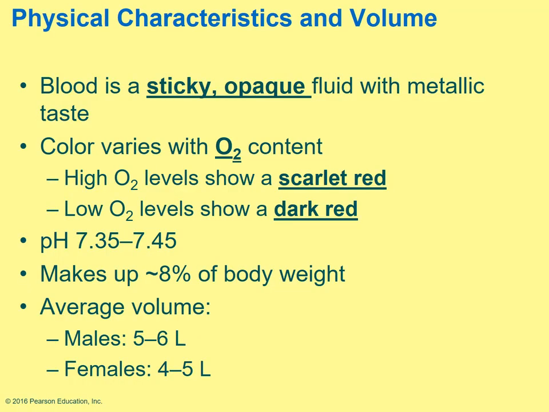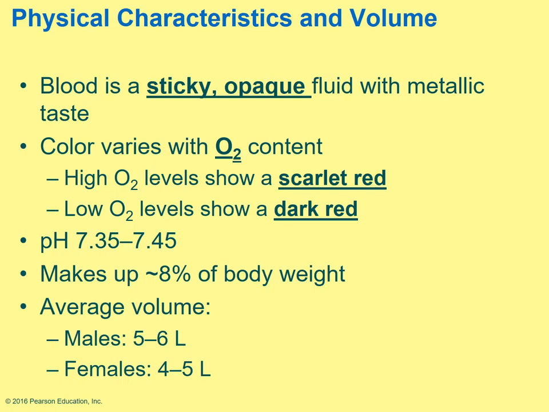In terms of the physical characteristics of blood, it's usually opaque, it's sticky, it's often described as having a metallic taste. I don't want to know how people found that out, but we'll just go with it. The color is going to be dependent upon the oxygen content.